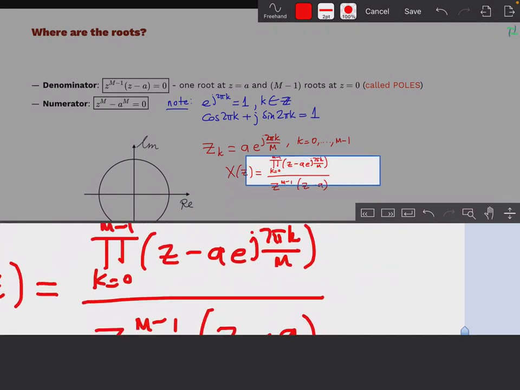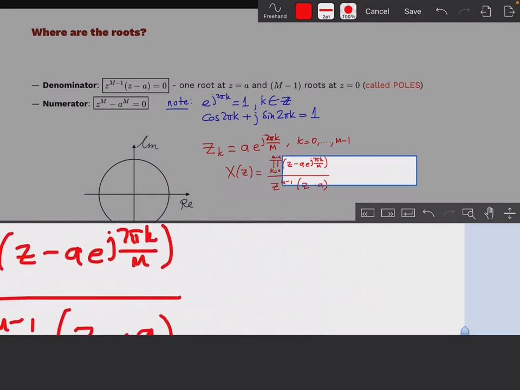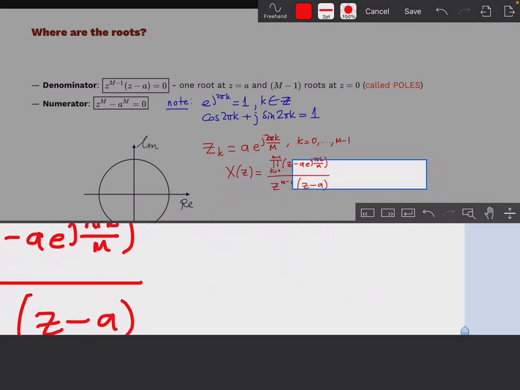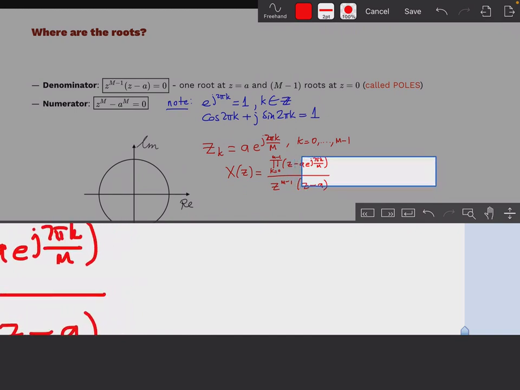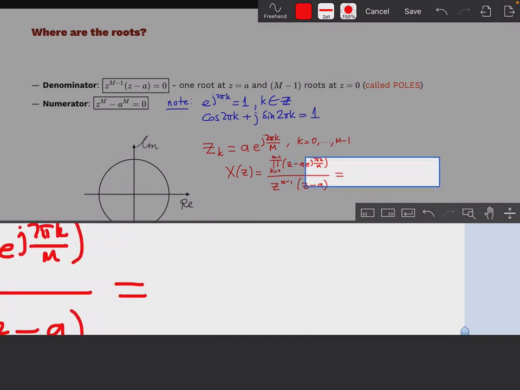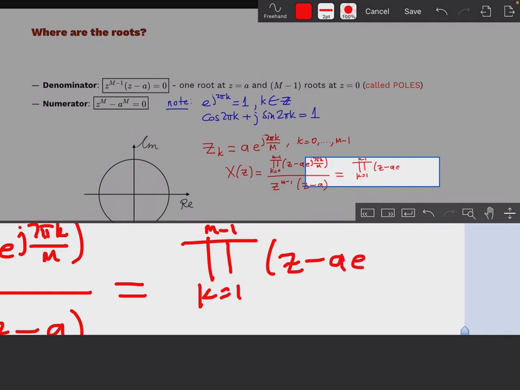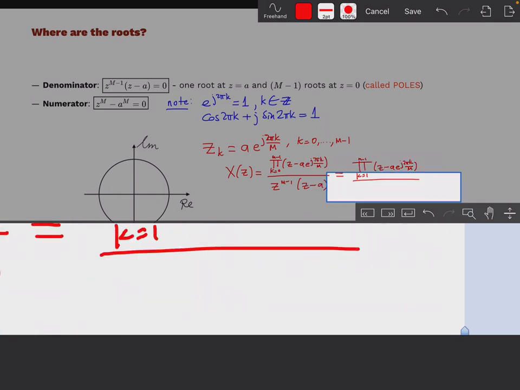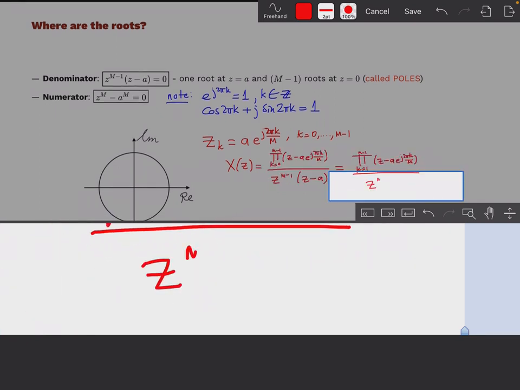Now you can see that when k equals 0, we have a 0 at z equals a as well, so these two cancel out, which means the final form is of this form. We have m minus 1 zeros and m minus 1 poles. So this is k from 1 to m minus 1, z minus a e to the power j 2 pi k over m, over z to the power m minus 1.